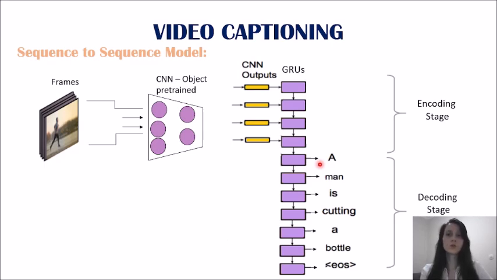It is used in applications such as machine translation, speech recognition, and video captioning. Sequence-to-sequence is seen as one of the best solutions for video captioning. Therefore, the model performed in the project is based on this model. And this is the general representation of the encoder-decoder sequence-to-sequence model.